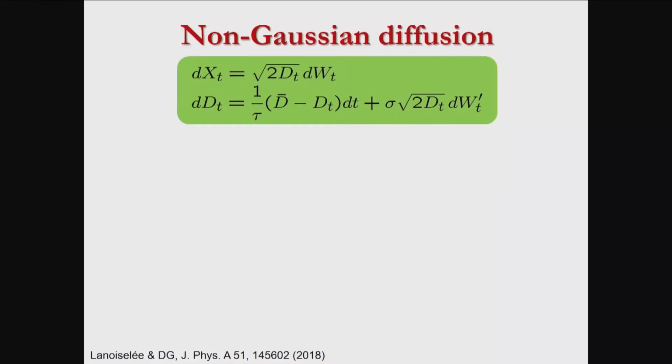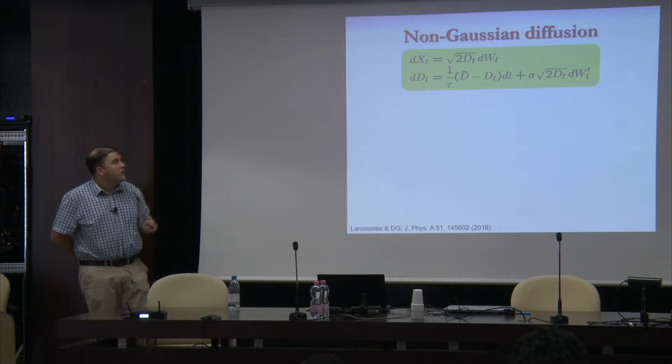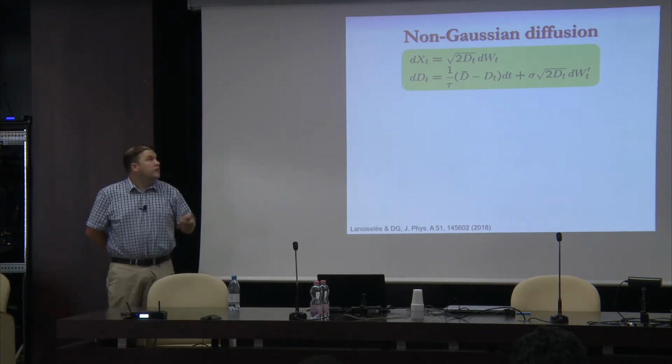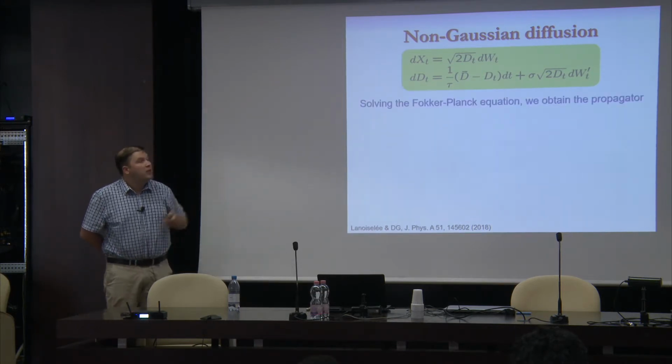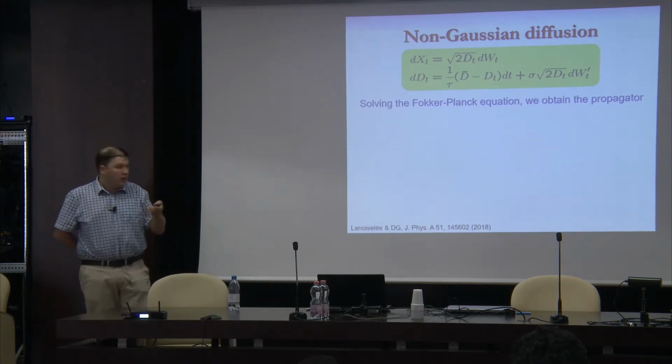And I'm not going into the detailed analysis of these properties. I will essentially speak about the non-Gaussian property of this diffusion. So for this set of coupled stochastic Langevin equations, you can write down explicitly the Fokker-Planck equation, and then you can essentially solve it exactly.